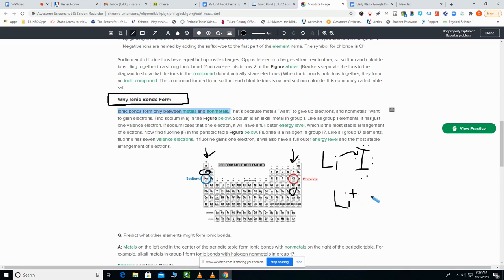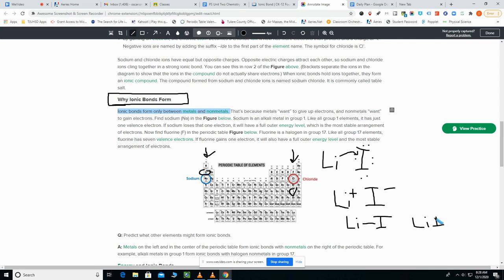When iodine gains a valence electron, it becomes an ion with a -1 charge. It's this force of attraction of these oppositely charged ions that will form the ionic bond. We can show that like this here, or we can write its formula.